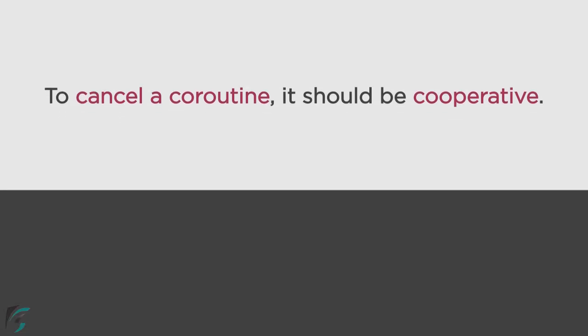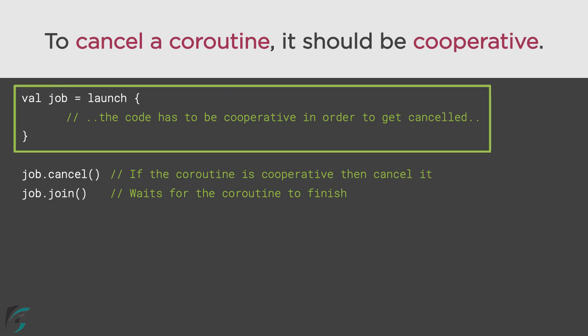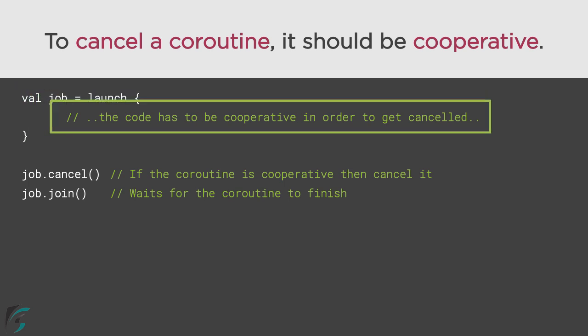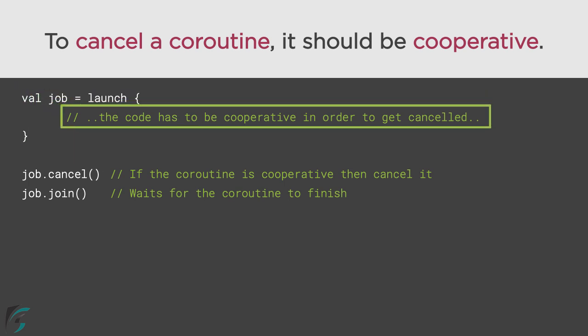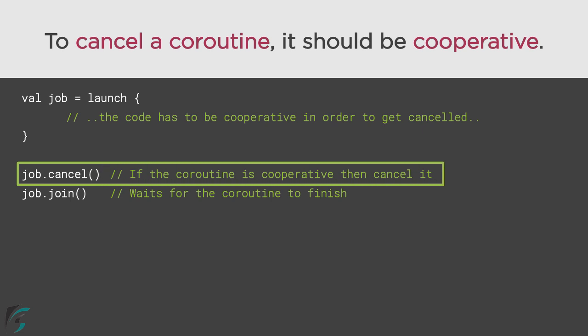Now, let us take a look at a sample code. Here we have a coroutine, and the code within your coroutine has to be cooperative in order to get cancelled. Please note this. Now, to cancel the coroutine, we need to call cancel function on the job object. So if your coroutine is cooperative, then it will get cancelled.